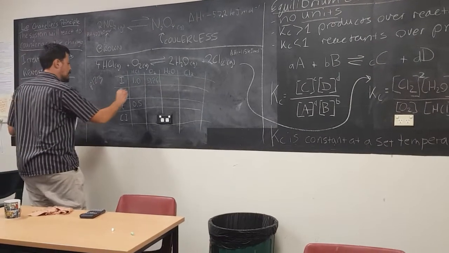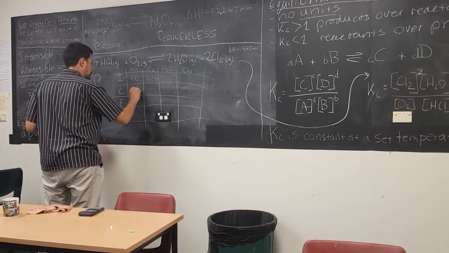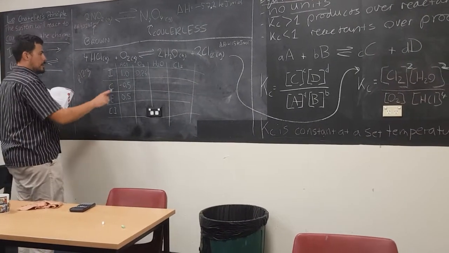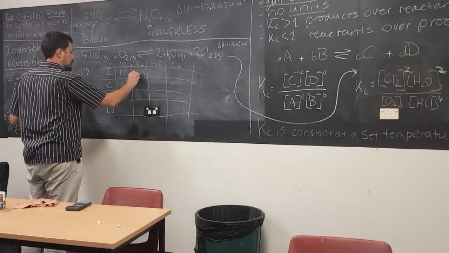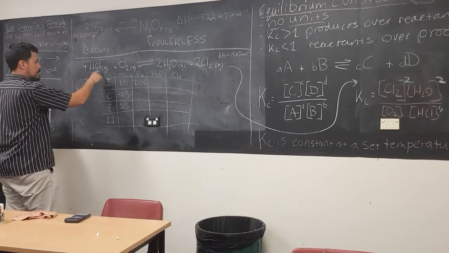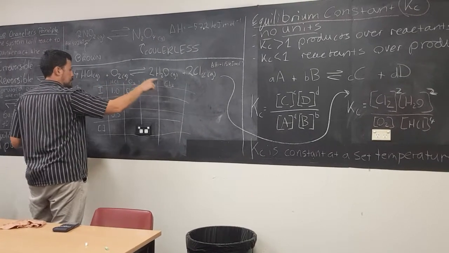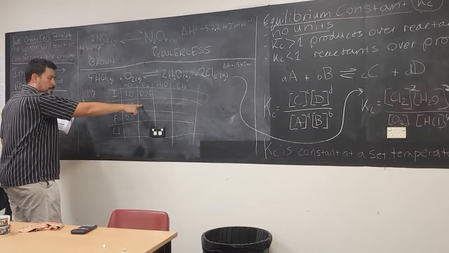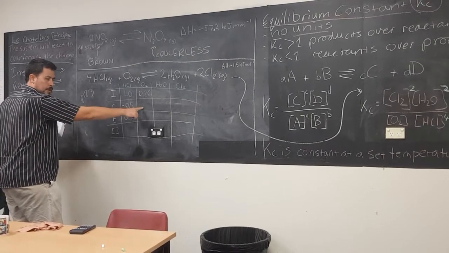Yeah, that's right. So we put in here negative 0.5. So it's dropped by half a mole. Now over here, 0.25, that's combined with that to make that. So is this going to be negative or positive, do you reckon? If that one's negative, if it's dropped, what's going to happen to this one?